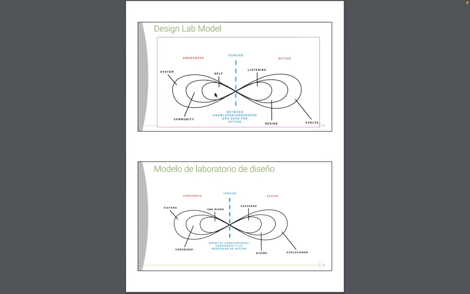We believe that, in order to be aware of our systems, our communities, our team, we have to first become aware of ourselves. And a really simple way to do that is to do a breathing exercise like we did today.